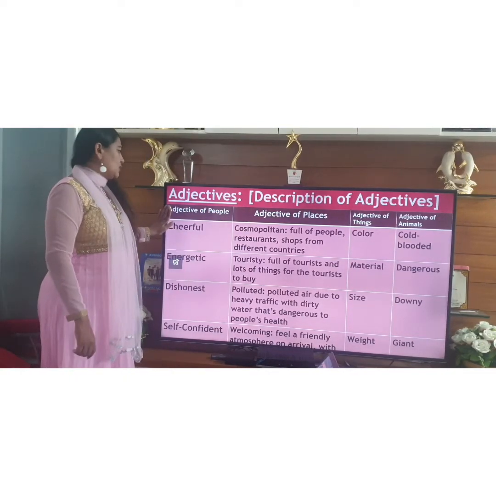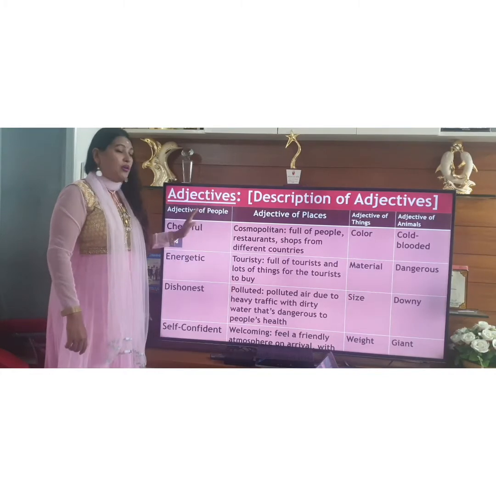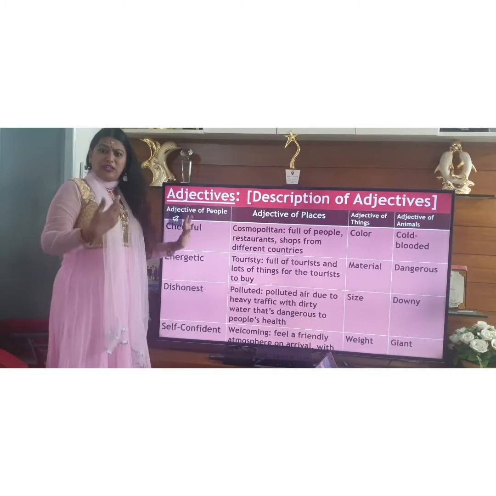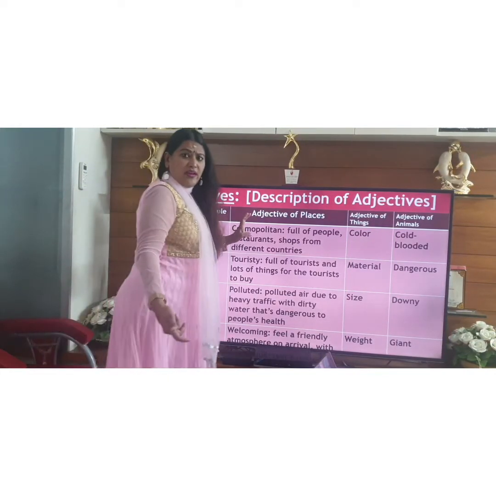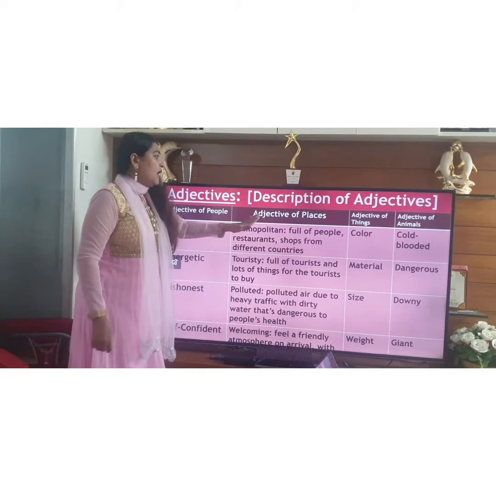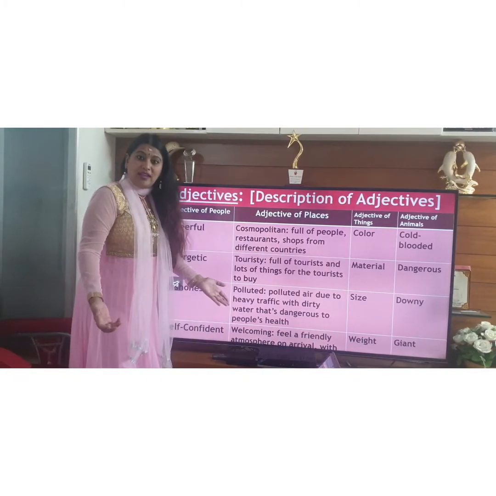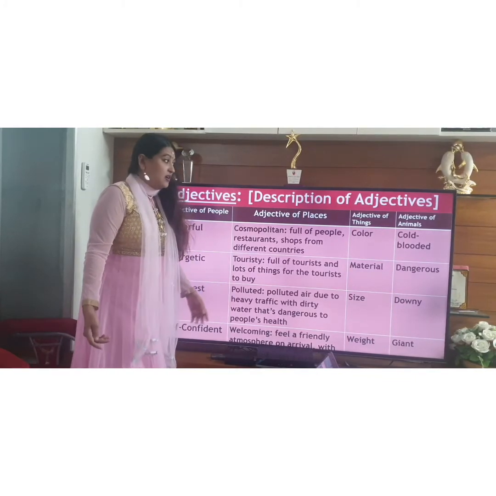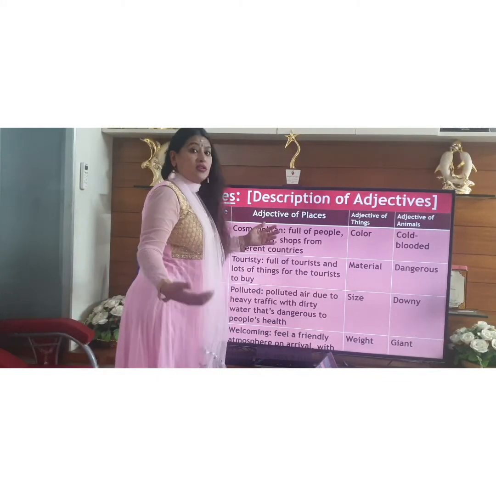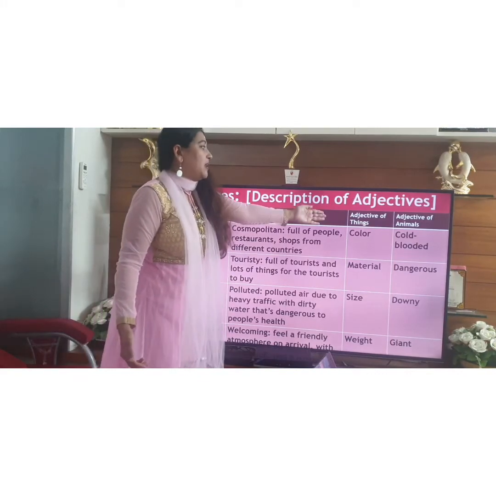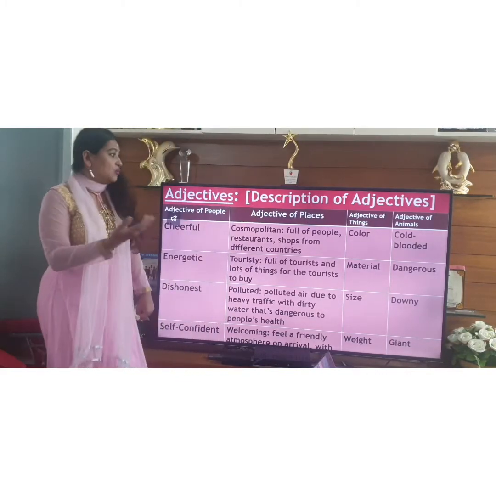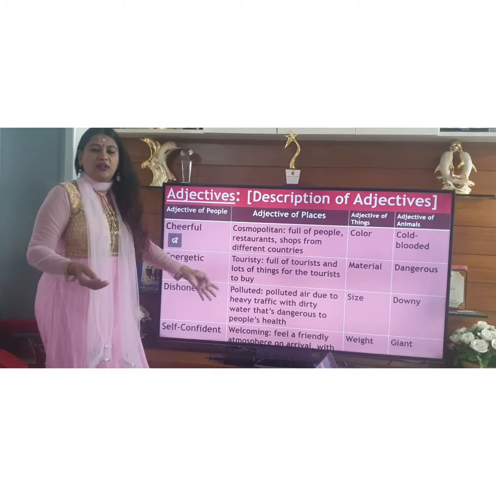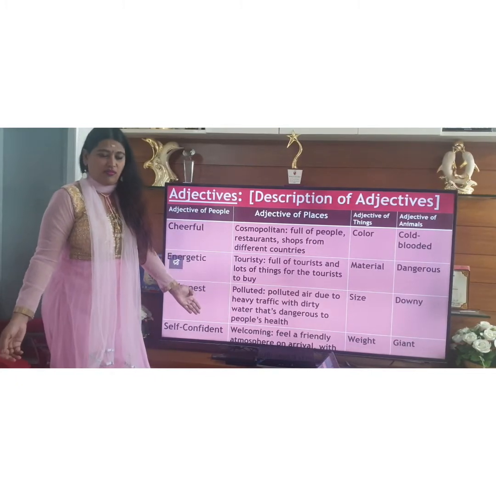How do we describe people by their nature, by their look, by the dress they wear, the way they look? And places: how's the place? It's neat, clean, polluted, or it's a green city, a cosmopolitan city, or a tourist place, right? And when it comes to things, you use the color, material, fabric, all those things.